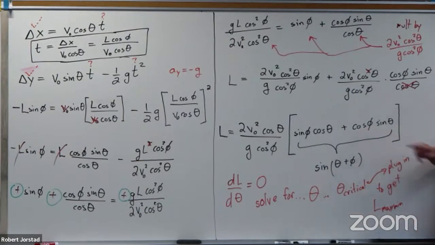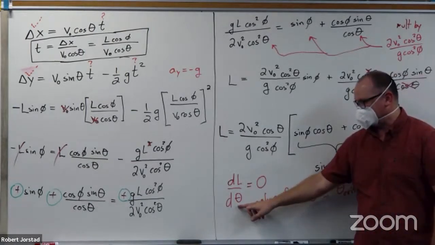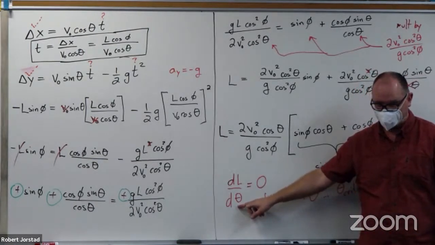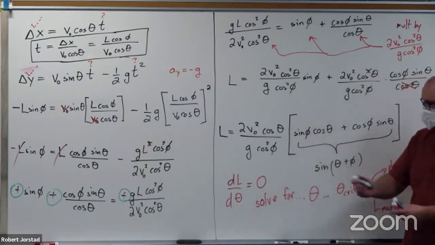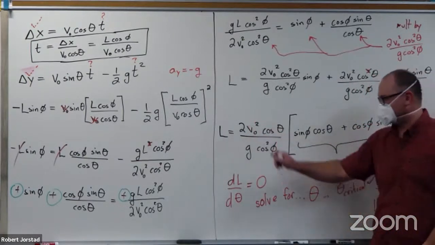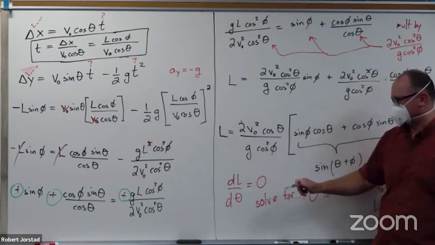Now let's look at this function. Does that look bad? Is that going to be tough? Yeah. No. It looks much scarier than it is. One of the tricks is we're taking the derivative with respect to theta. Which things in here are constants? Is 2 a constant? Yes. Is V not a constant?